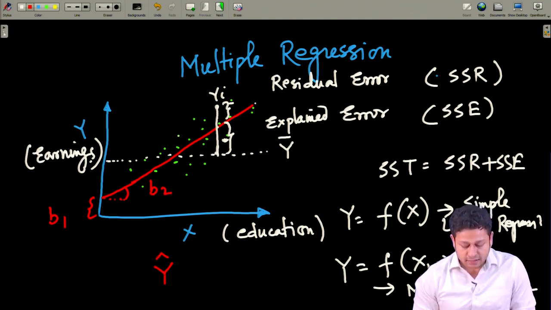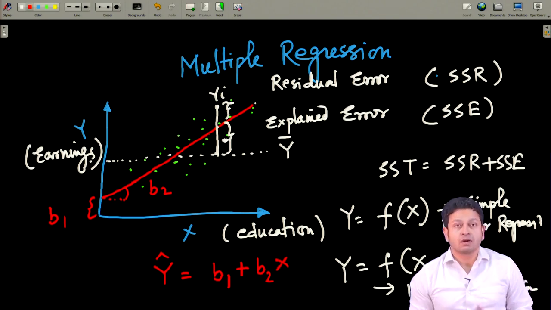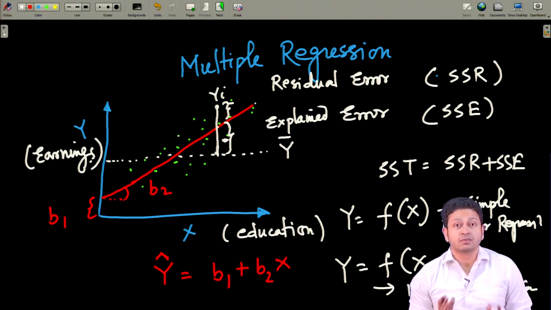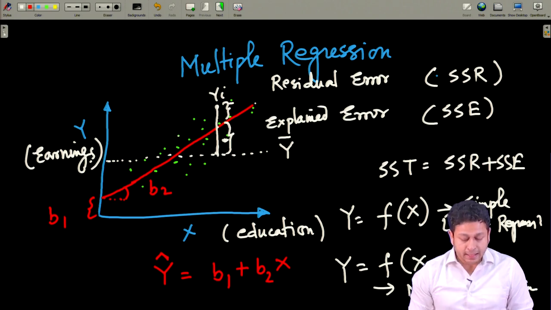I can write y hat is equal to b1, the intercept term, plus b2 into x. All right. So all these different x variables, if I plot, I will get this estimated predicted y. So predicted y is always represented as y hat. So this is basically the line that we have created, and that is what this equation is representing.